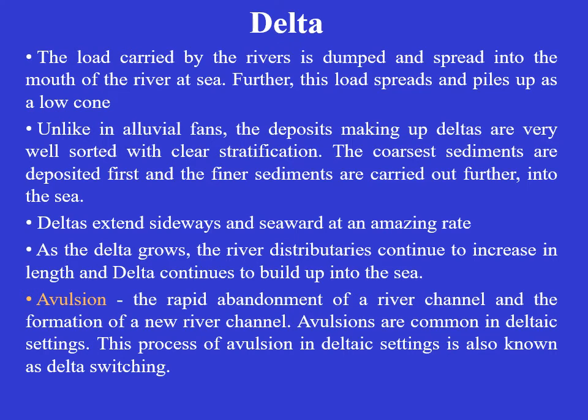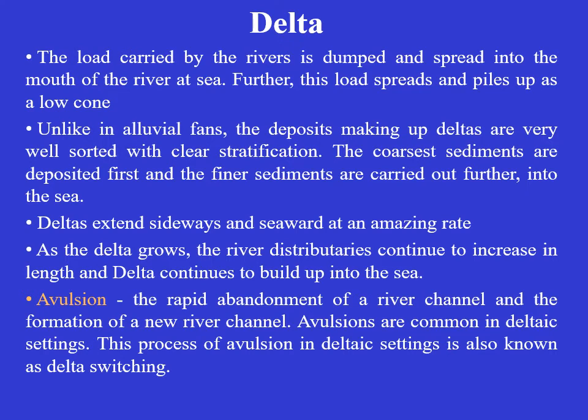Deltas extend sideways and seaward at a very fast rate. That means a delta increases in size both sideways as well as in the frontal part. Now, like the alluvial fan, deltas also involve rapid sedimentation or deposition, so they often block the course of the river path.